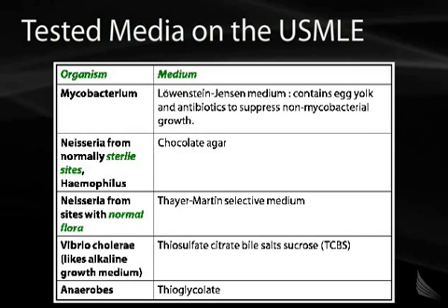Neisseria, if you get it from a sterile site, or also Haemophilus, can be grown on chocolate agar. But if you get Neisseria with the normal flora, you need to get it with Thayer-Martin selective media, which will let the Neisseria grow and not the other bacteria. Vibrio cholerae likes an alkaline growth medium, and it's grown on thiosulfate citrate bile salt sucrose media. Anaerobes are often grown in thioglycolate.